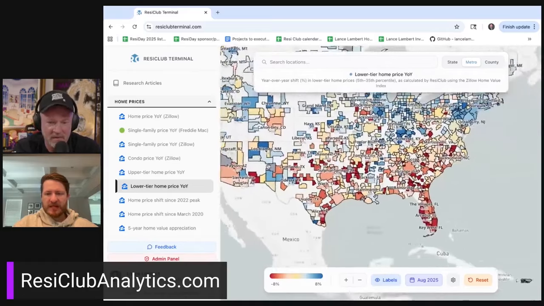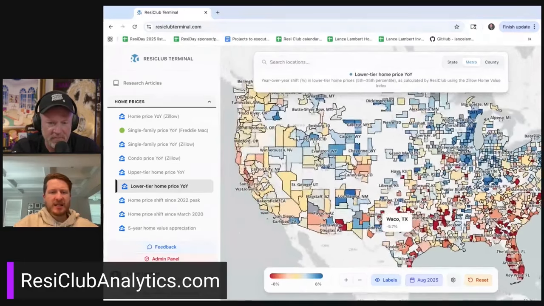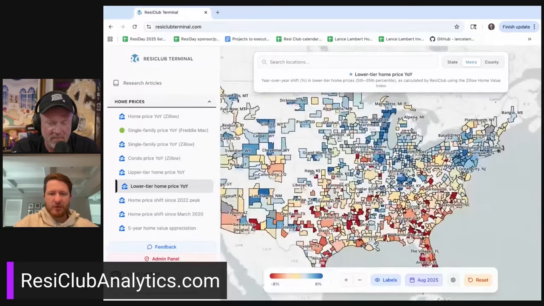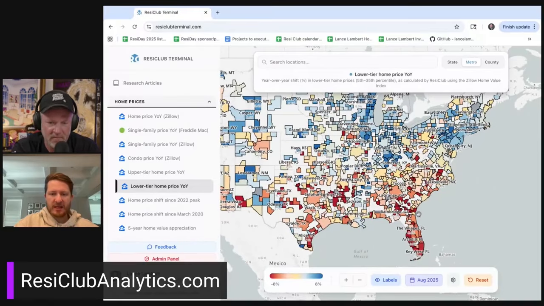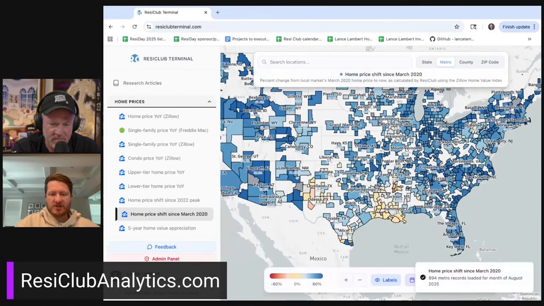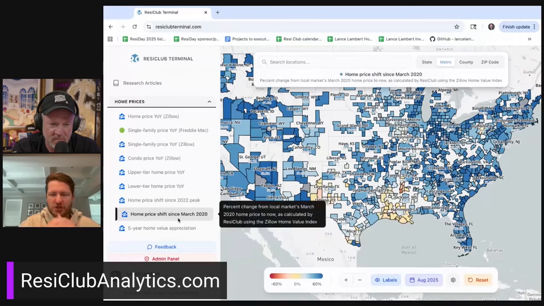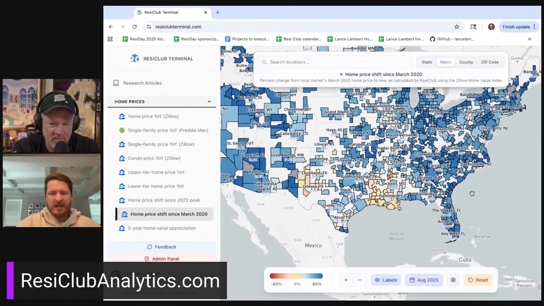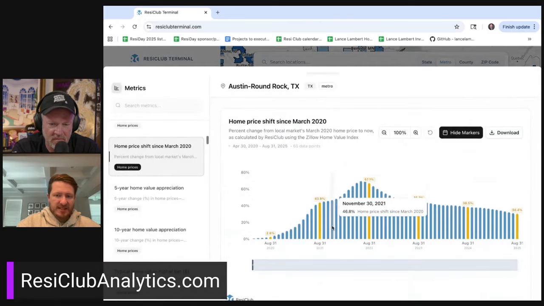And again, you're not seeing the same dynamic out west as you are in that big home building Southeast corridor. And then if you want to see since 2000, or let's see since March 2020, I keep that in here. You can go through any market, let's say Austin, that has seen a giveback.